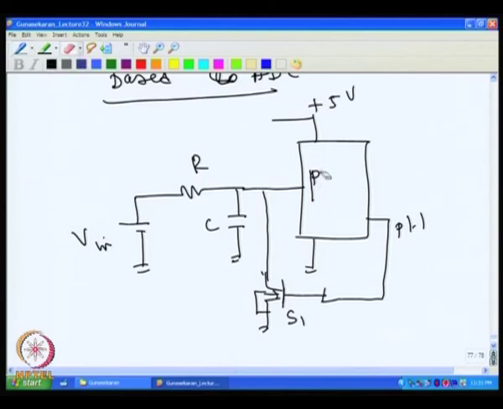comparators. So, the capacitor voltage is given to the input of the comparator, and this is given as a V reference.